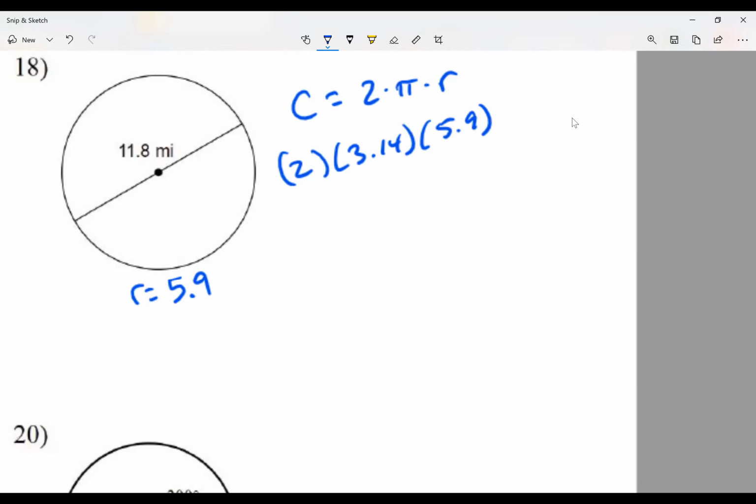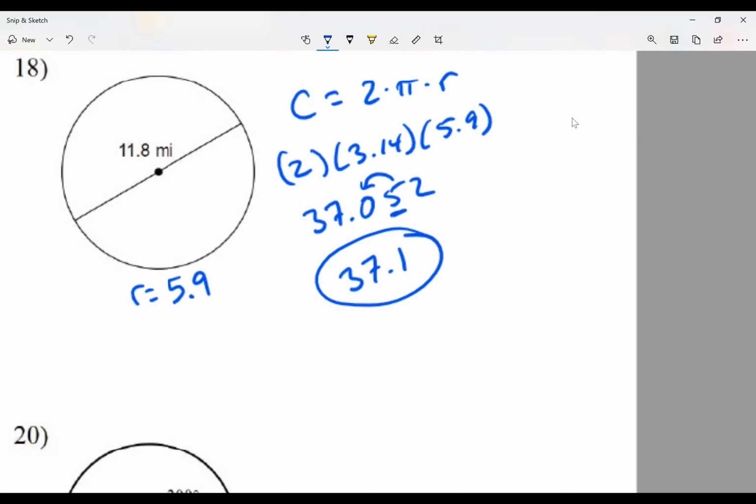Use a calculator if you need to. My calculator says 37.052. But I know I have to round it to the nearest 10th. So I look at the 5, the second decimal number. It is big enough, so it's going to push the 0 to 1, making it 37.1.